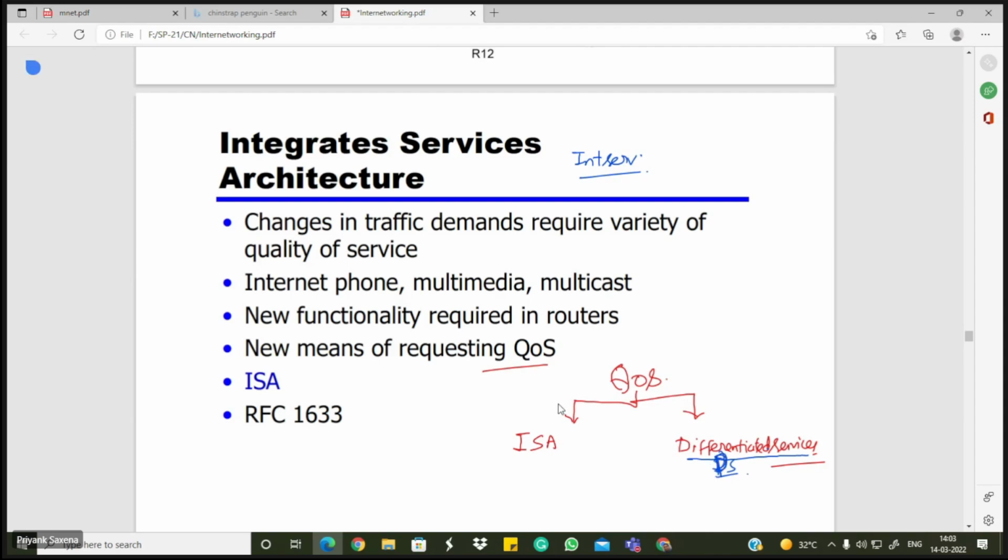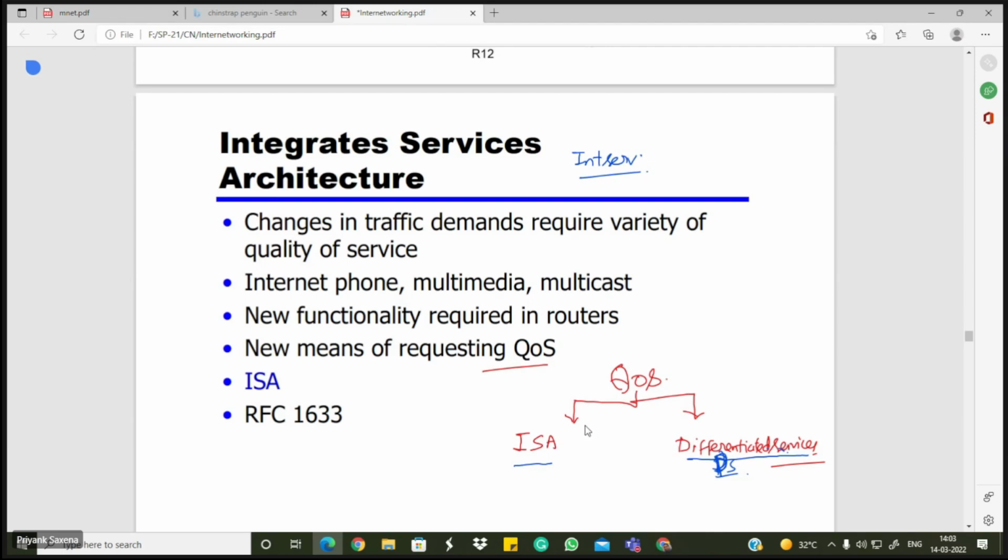As I told you, for providing quality of service over IP, there are two models proposed by IETF. One was ISA, Integrated Service Architecture, and another is Differentiated Services. Though ISA is obsolete now, you should understand what ISA was.